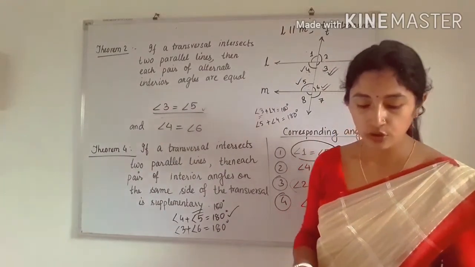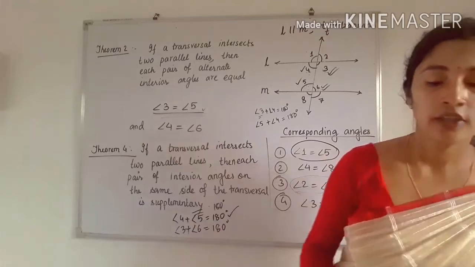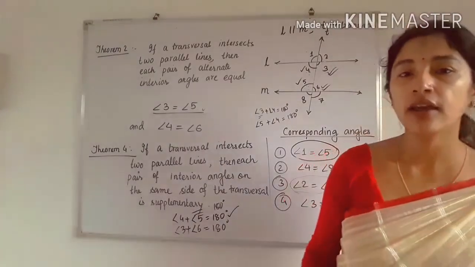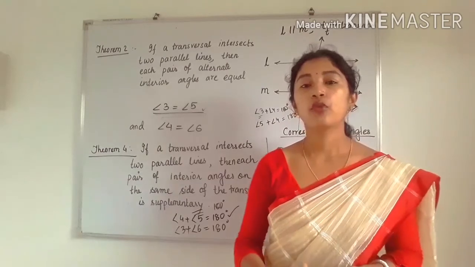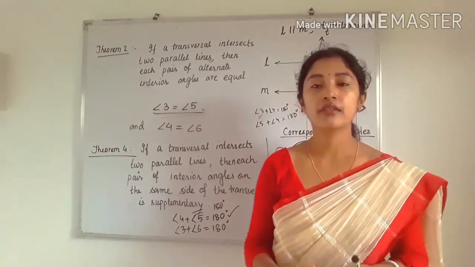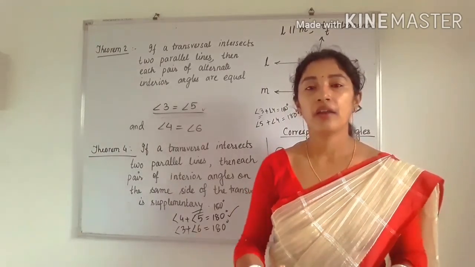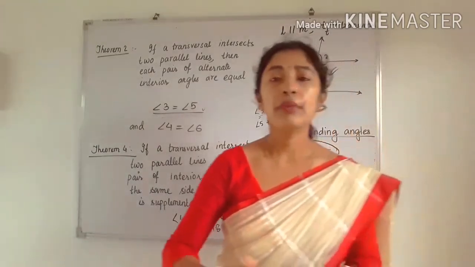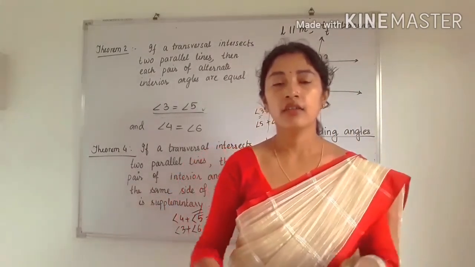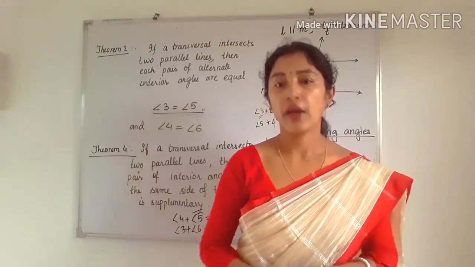So next, come to theorem 6.6. Here in theorem 6.6, it is written that if two lines are parallel to a third line, then we can say all the three lines are parallel. Or we can say if two lines are parallel to many lines, okay, many lines, then all lines will be what? Parallel. Okay.